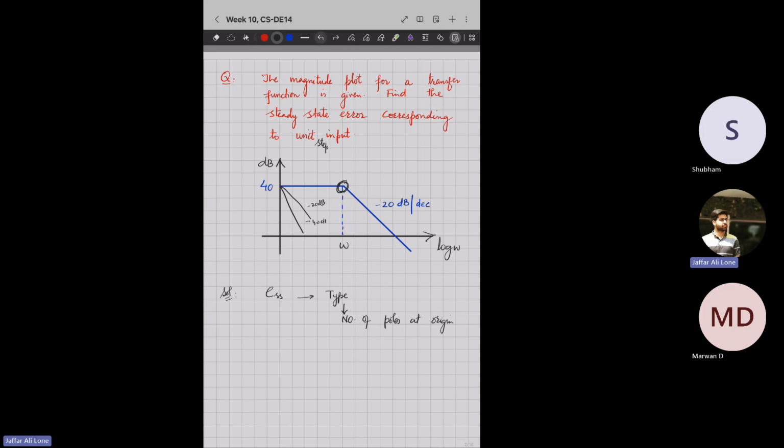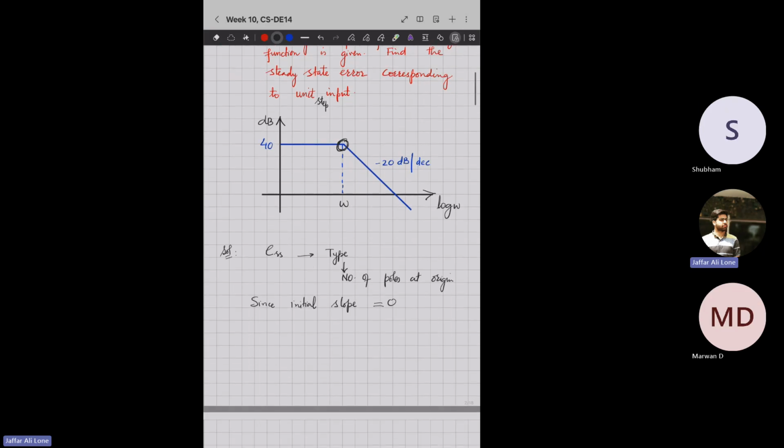If there is no initial slope, that means you have no pole at the origin. Since the initial slope is equal to zero, there is no pole or zero at the origin. So that means it's a type 0 system.